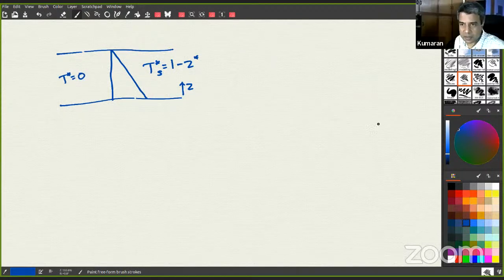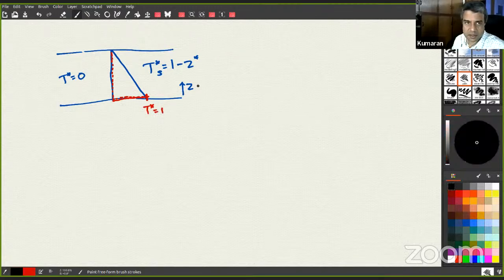So if I plot the initial temperature, it will look something like this. It will basically be 0 throughout the domain. At the bottom surface alone, you have instantaneously increased the temperature, so that is T star equal to 1, and T star is equal to 0 throughout the rest of the domain. So that's the initial temperature. In between those two, it's going to go through a series of profiles that look something like this.